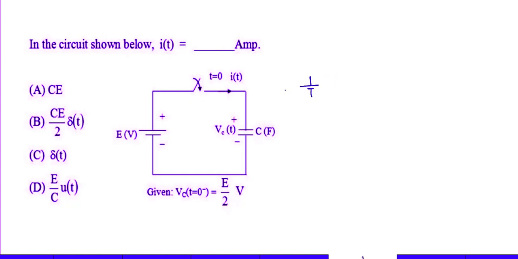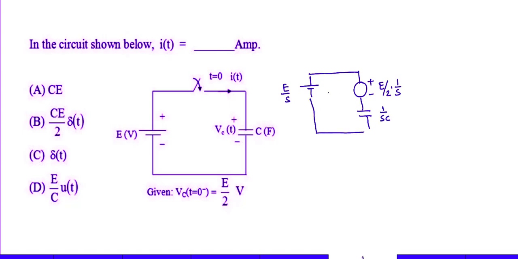E by S, right? Then the switch is closed and the voltage across C is E by 2 is given. So I can replace that as plus or minus E by 2 into 1 by S. Okay, and capacitance is 1 by SC.